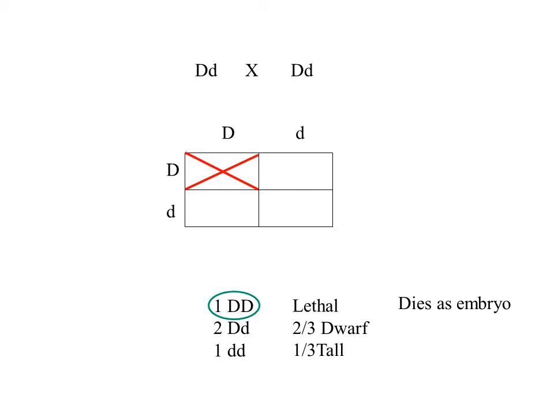If we eliminate the first square that has the big red X, you only have 3 boxes left. So the probability of these two dwarfs producing a tall or normal individual is 1/3, and 2/3 probability to produce dwarfs.